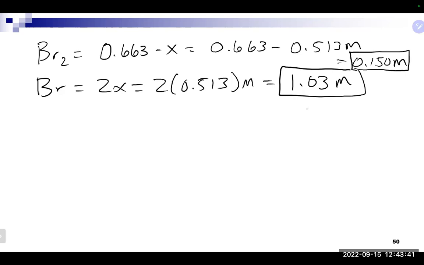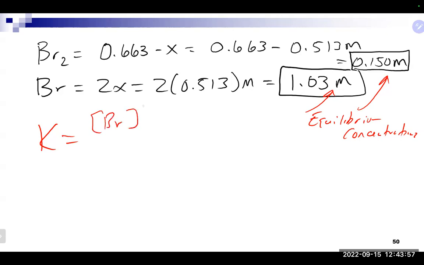Yeah, so now that we have these guys, which are the equilibrium concentrations, I could go back to my K expression, which was my Br squared divided by my Br2, and it should equal 7 when I put those numbers in.